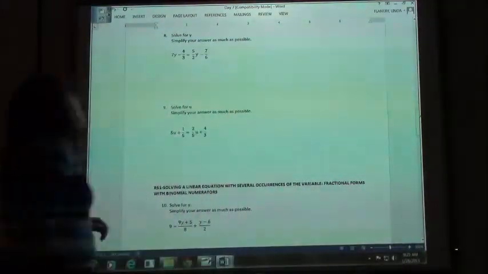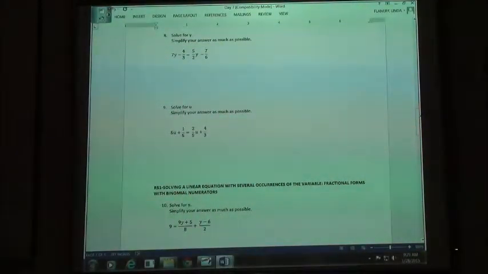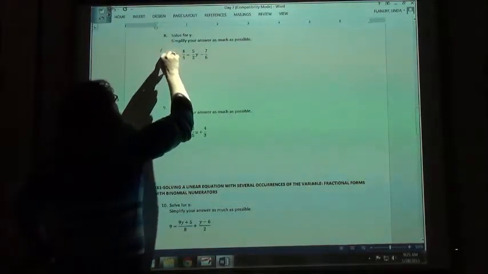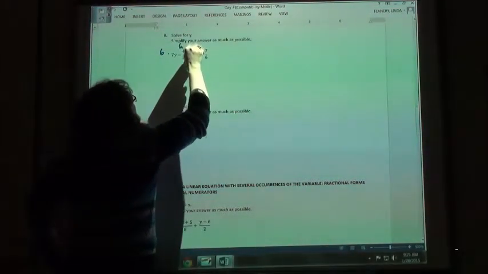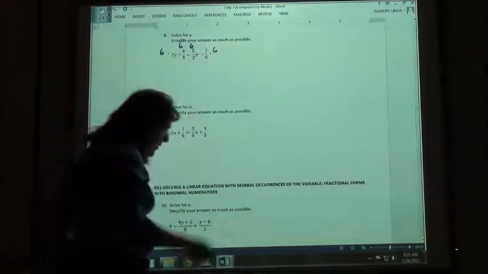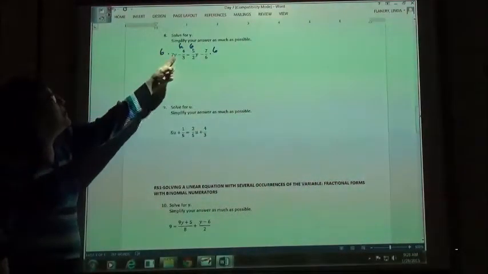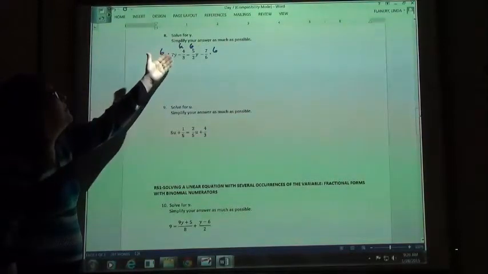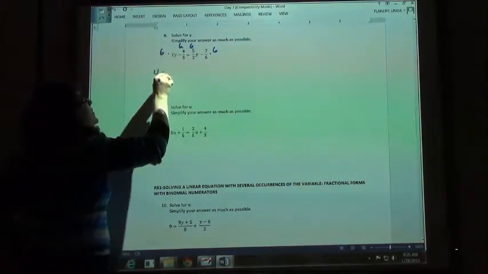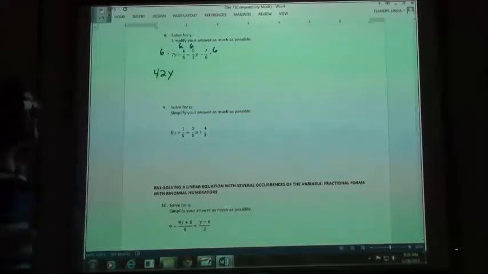Number 8 then. We have a 3, a 2, and a 6 in our denominator, so our least common multiple would be 6, right? So I'm going to take 6 times each term up here. Alex likes to put those parentheses first. I just skip that step. In the first one, I don't have a fraction, so 6 times 7y is just going to give me 42y.